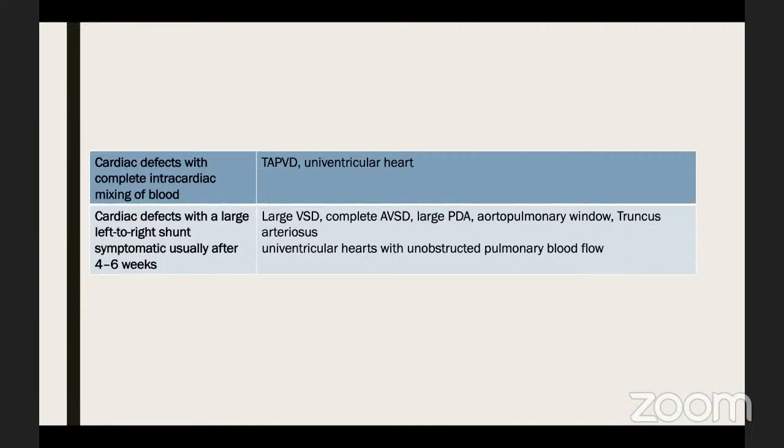The last group is cardiac defect with large left-to-right shunt, and this group usually becomes symptomatic and manifests after 4 to 6 weeks from birth. For example, large VSD, complete AV canal, large PDA, aortopulmonary window, truncus arteriosus, univentricular hearts with unobstructed pulmonary blood flow.